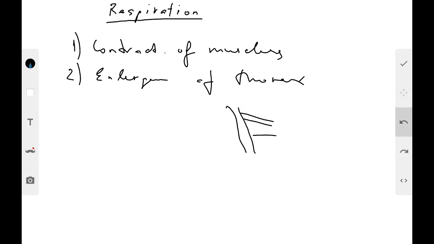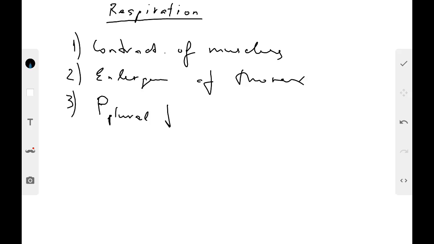The third stage of inspiration is that due to the enlargement of thorax, the pressure in the pleural cavity decreases. Actually this pressure is always negative. The pleural cavity is the cavity between the lungs and the internal side of thorax.